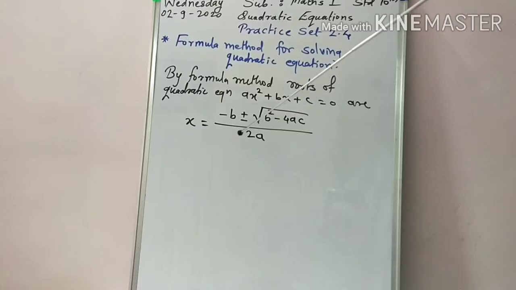Means in the numerator part, you have to take the value of b with minus sign, and plus or minus means we do these two operations, addition and subtraction, of the square root of b square minus 4ac, and then we divide it by 2 into the coefficient of the square term, a.